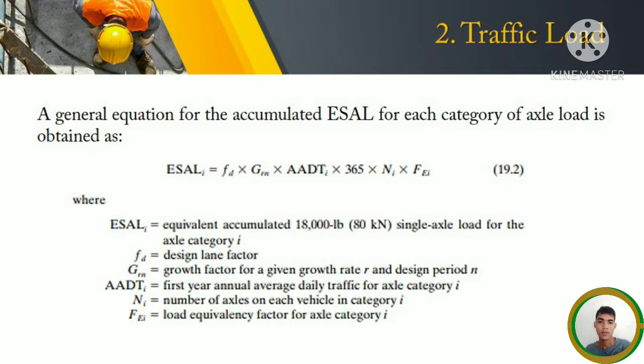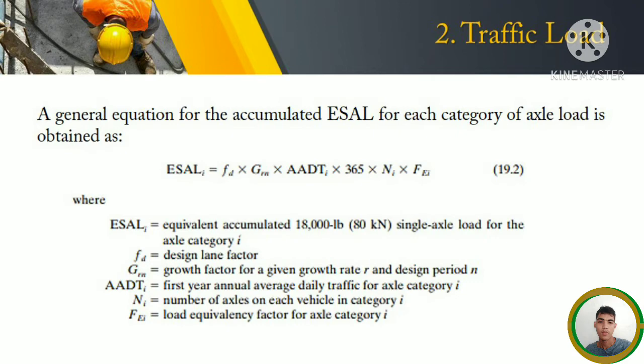The general equation is given by ESAL sub i is equal to F sub D times G sub R of n times AADT sub i times 365 times N sub i times F sub E i, where ESAL sub i is the equivalent accumulated 18,000 pound or 80 kilonewton single axle load for axle category i.